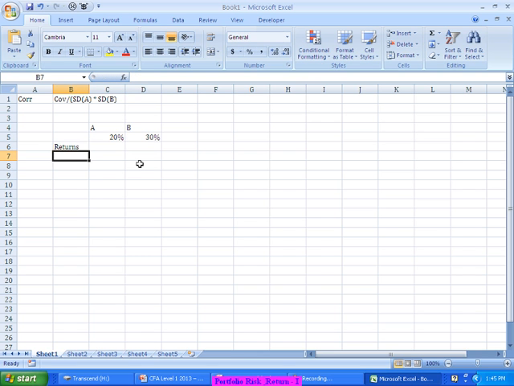And let's say the standard deviation, or the risk, of A is 25% and of B it's around 40%.